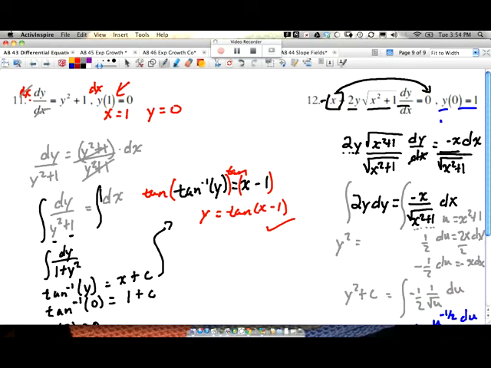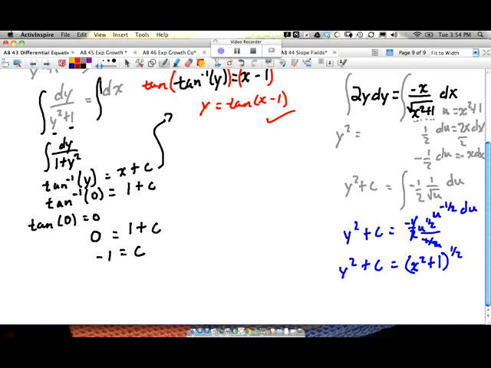It says y of 0 equals 1. That means that y equals 1 and x equals 0. Because we plugged in x equals 0 and we got out y equals 1. So y is going to be 1, so that's 1 squared plus c equals, over here, x equals 0.